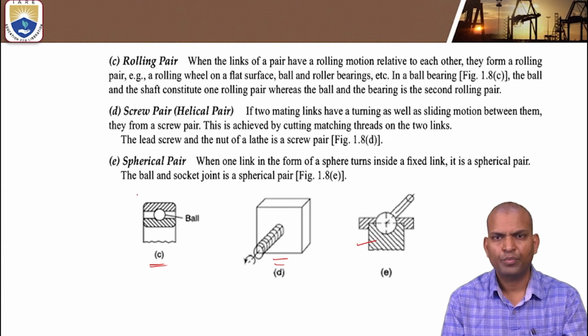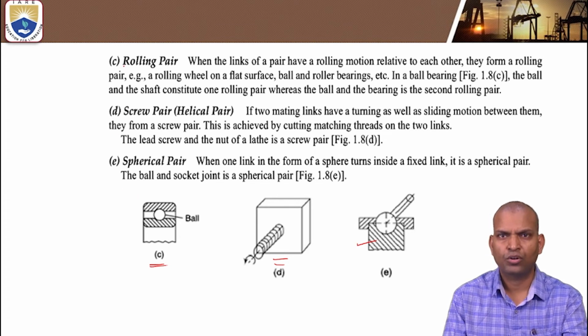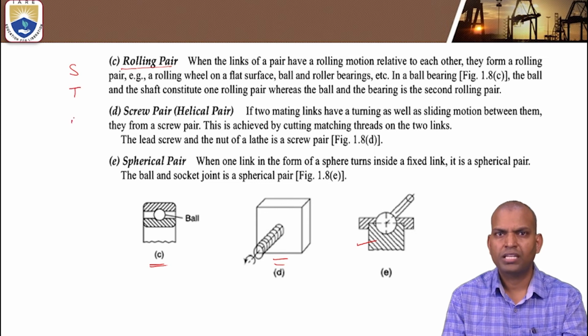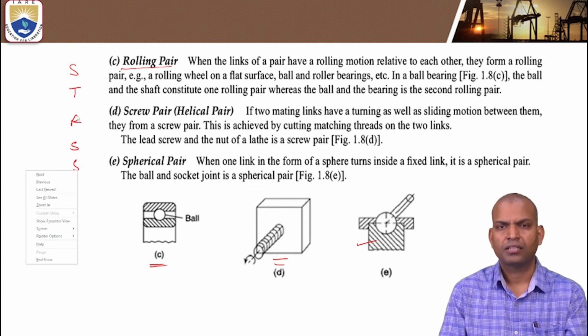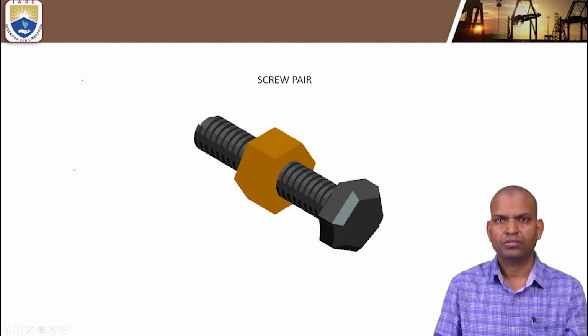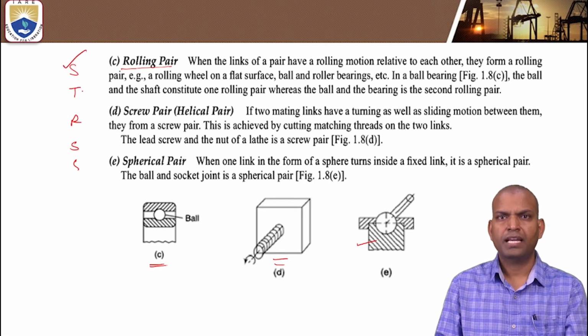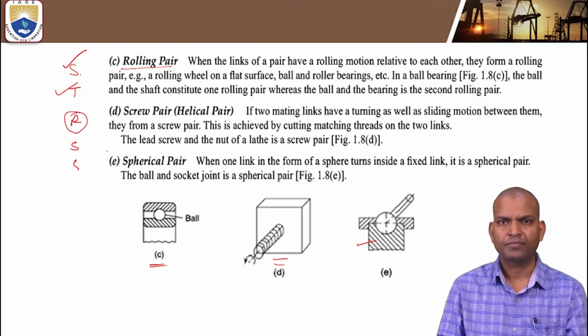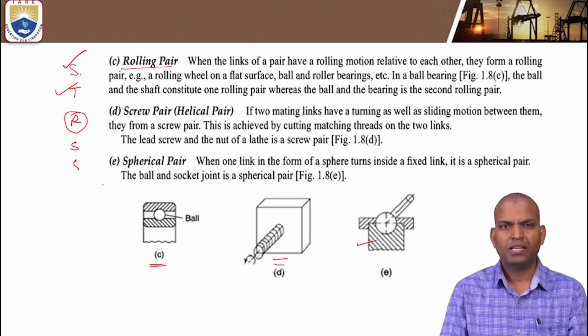Now, coming to third category, rolling pair. So far, as I told you, S, T, R, S, S. We studied S and T, sliding pair and turning pair. Now, coming to the category of rolling pair. What is the rolling pair?